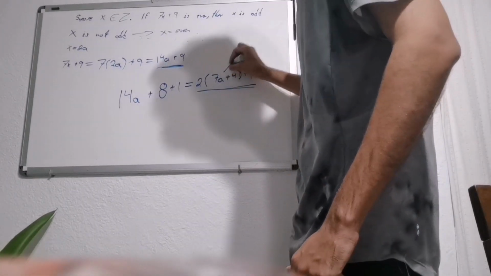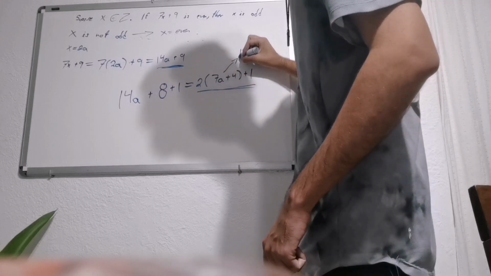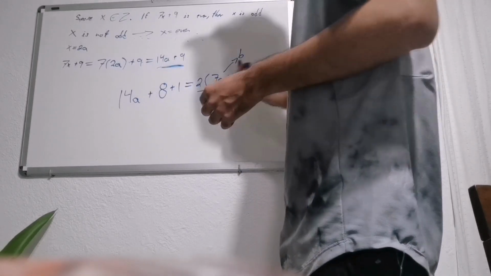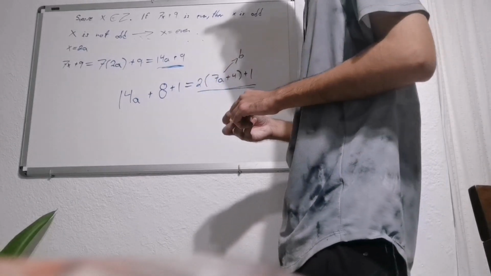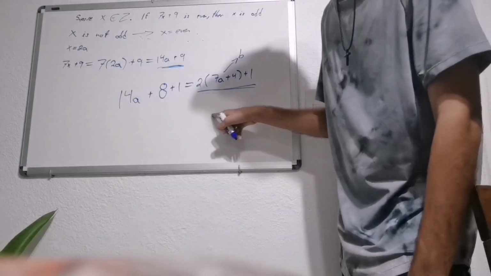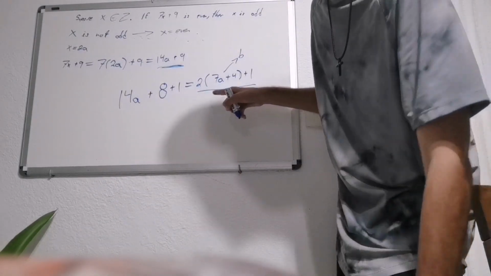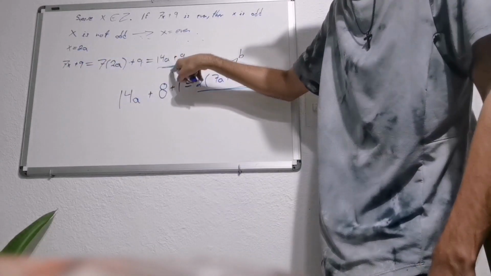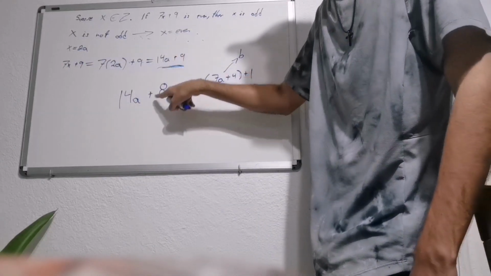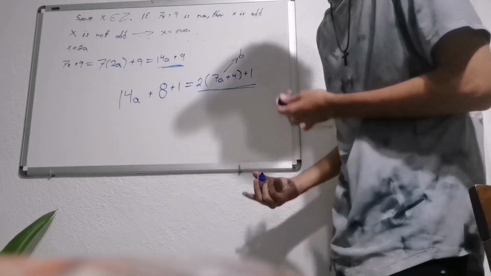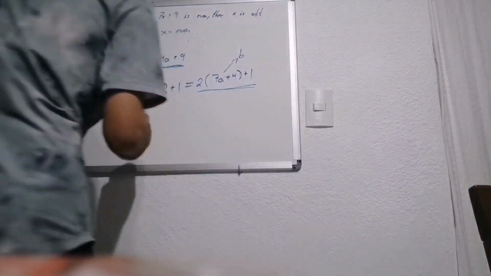Now we know that it's very tedious, so in this case I'm going to change this sentence for a letter, to represent the number or the set of numbers. I'm going to use b. Now I'm going to write the sentence substituting the value of 7a plus 4 for 2b plus 1.